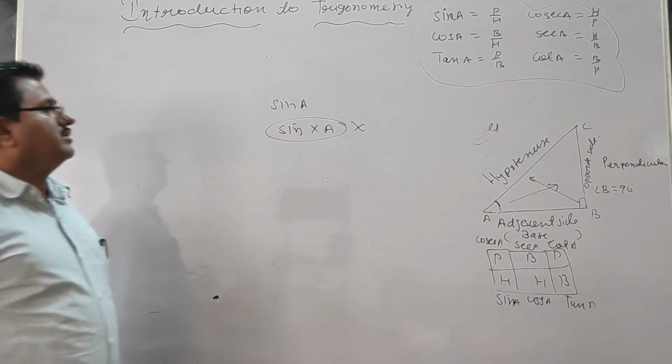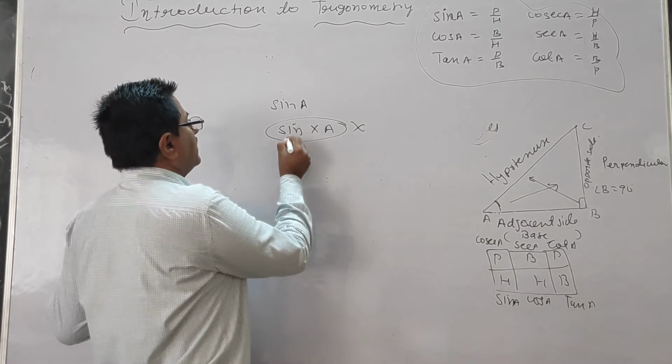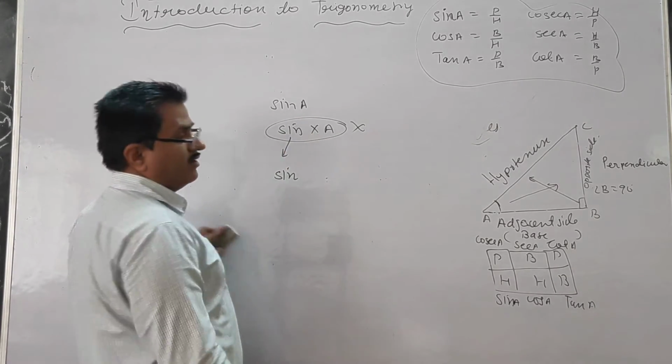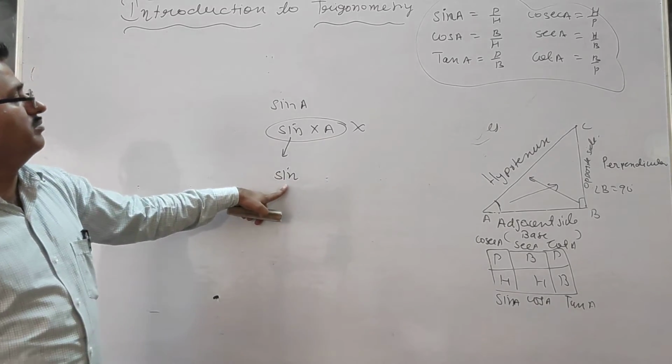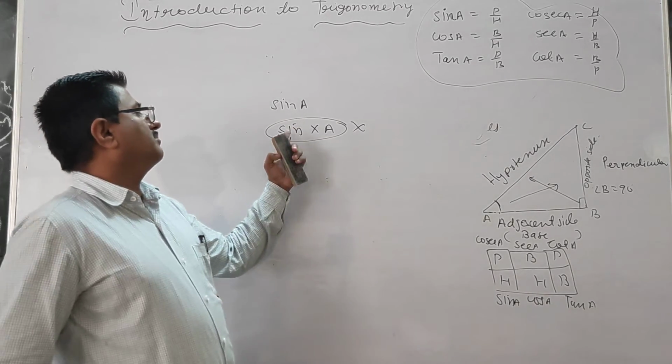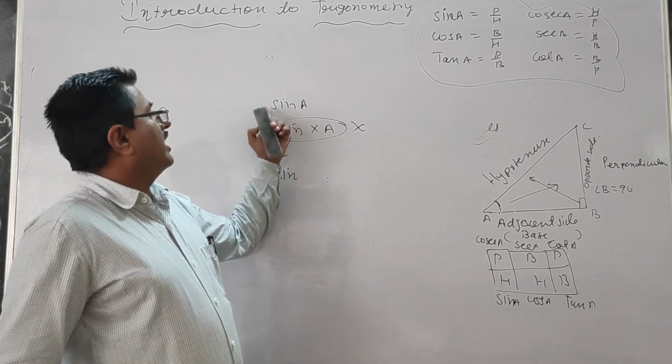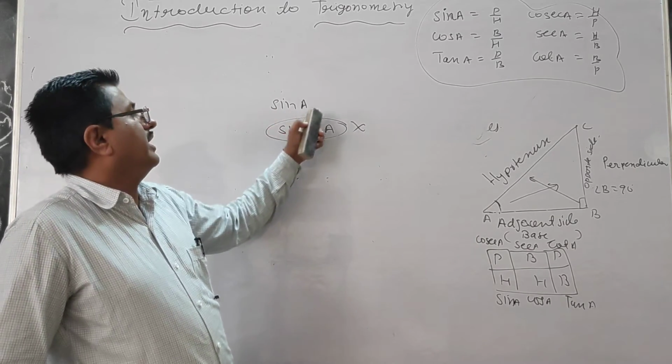Sine separately has no meaning. If there is no angle, then it has no meaning. It is not a multiple of sine and A. It is an operator: sine of A.